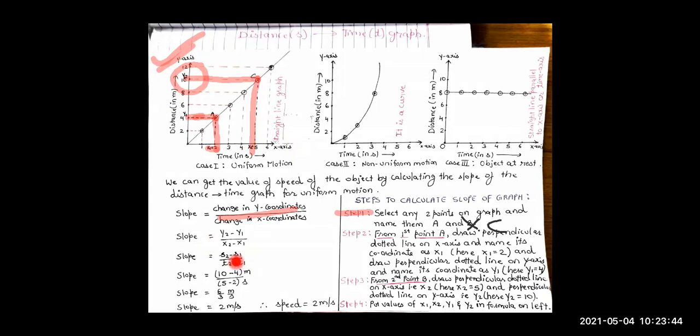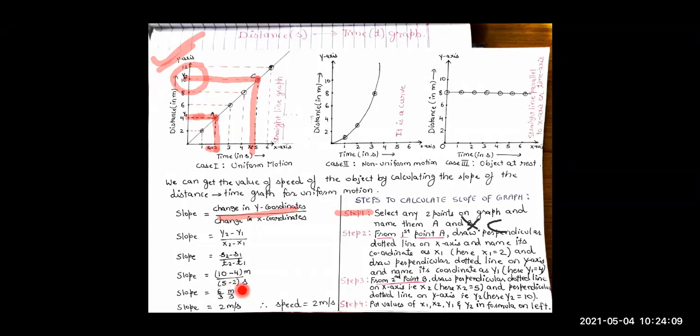Now let's see the values of y2 and y1. If you look carefully, the value of y2 over here is 10 meters and the value of y1 is 4 meters. So 10 minus 4 is 6 meters in the numerator.